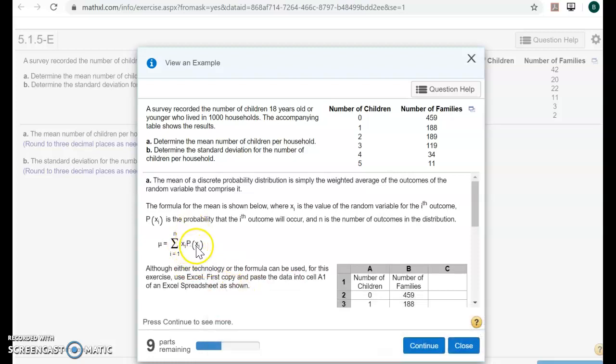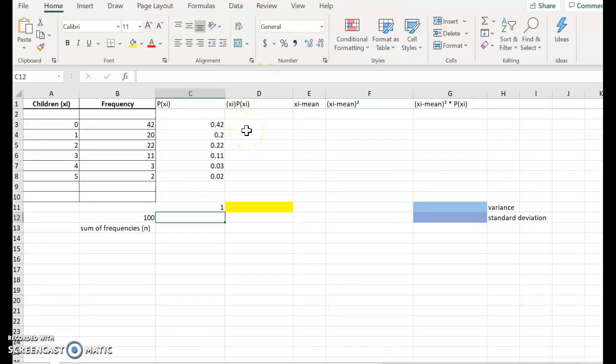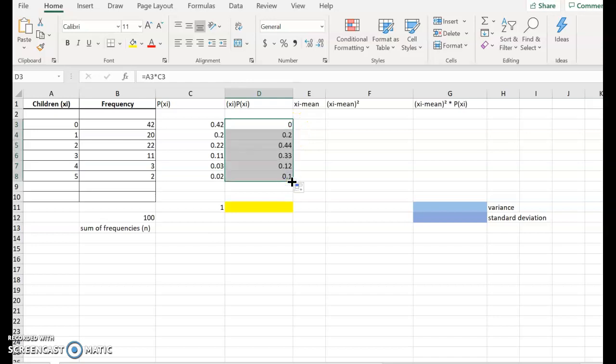So we've already found the probabilities, now we have to multiply them by X. So we do equals, X would be 0, select it, enter your times, and then your P of X of I. So here's X, here's the probability, press enter. Then just do that for each one.